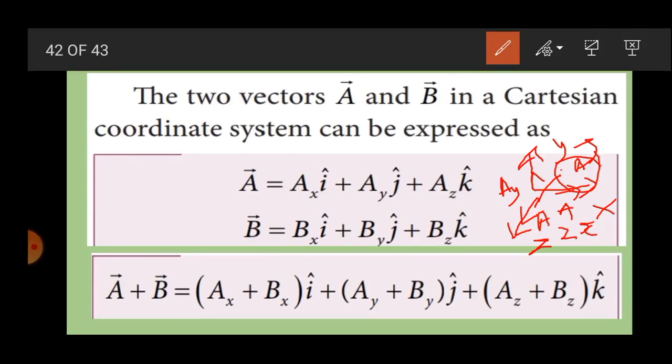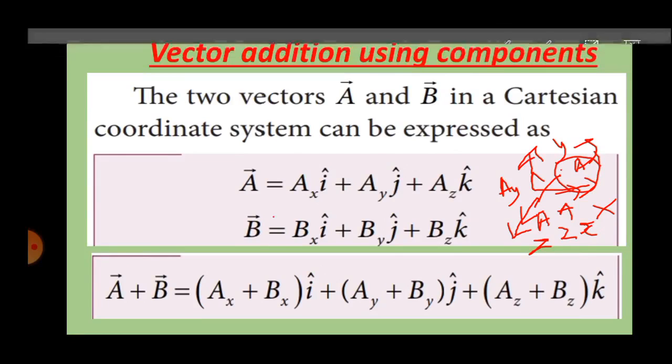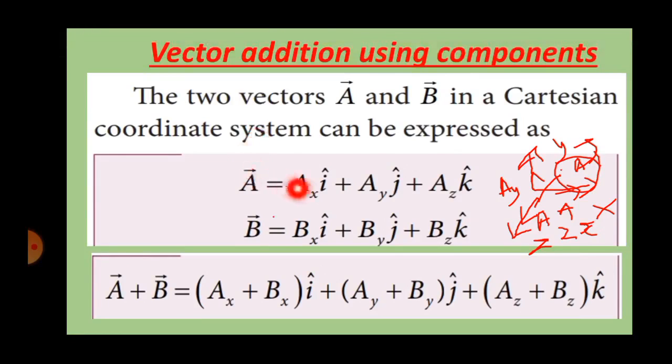So students, now two vectors are given. One is the A vector. Therefore A vector is equal to Ax i unit vector along x-axis plus Ay j unit vector along y-axis plus Az k unit vector along z-axis. Are you clear?